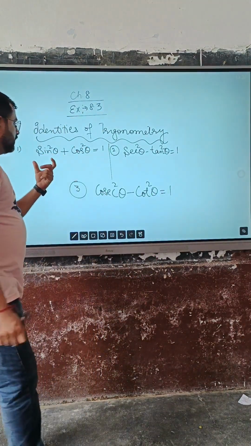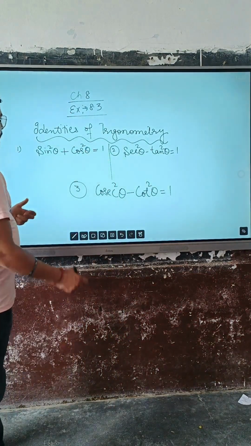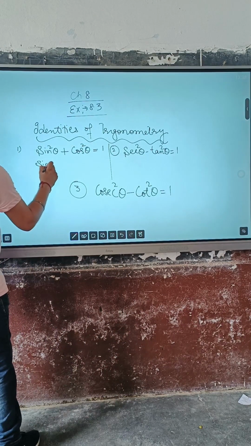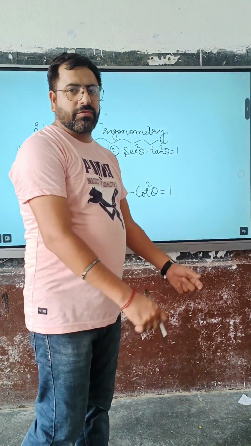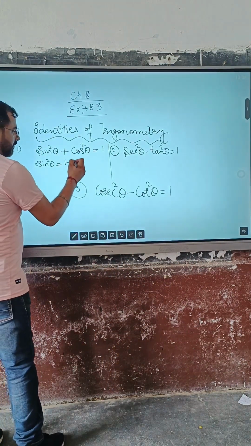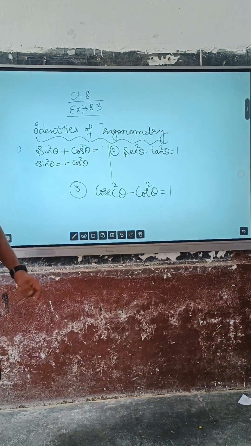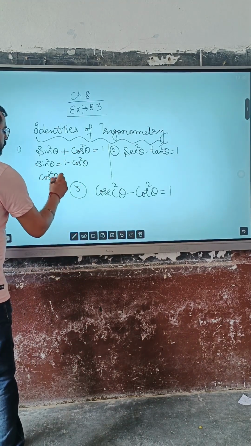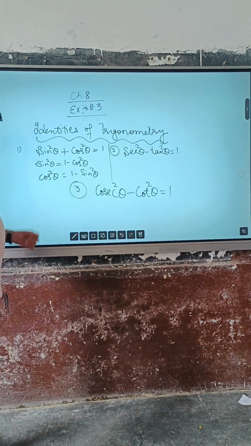If we need the value of sin square theta in our expression, we can find it using this identity: sin square theta is 1 minus cos square theta. If we need the value of cos square theta, the expression is 1 minus sin square theta.